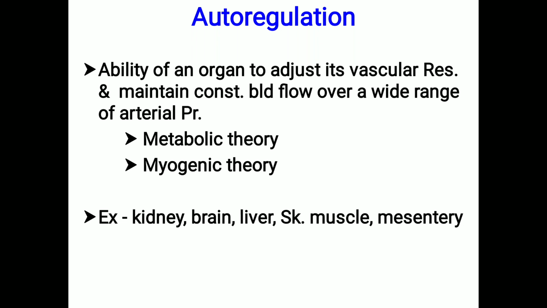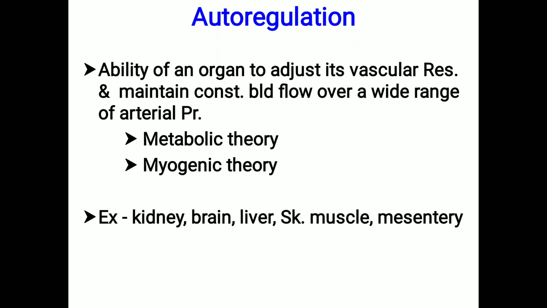An increase in blood pressure constricts the arteriolar smooth muscle, which increases the resistance in the arterioles and maintains a steady flow of blood in the capillaries. On the other hand, if there is a reduction in blood pressure, the blood vessels dilate and blood flow is increased, so maintaining a steady blood flow.